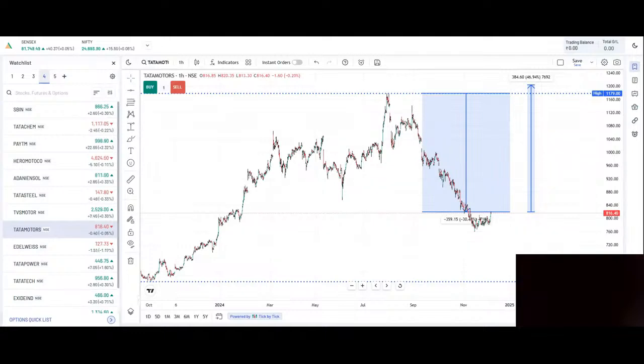Another good Nifty 50 stock to buy is Asian Paints. Asian Paints again is at a very discounted price right now. It is still weak, and I think it is going to go down further. I don't know till what levels, but it's still available at quite a cheap price.